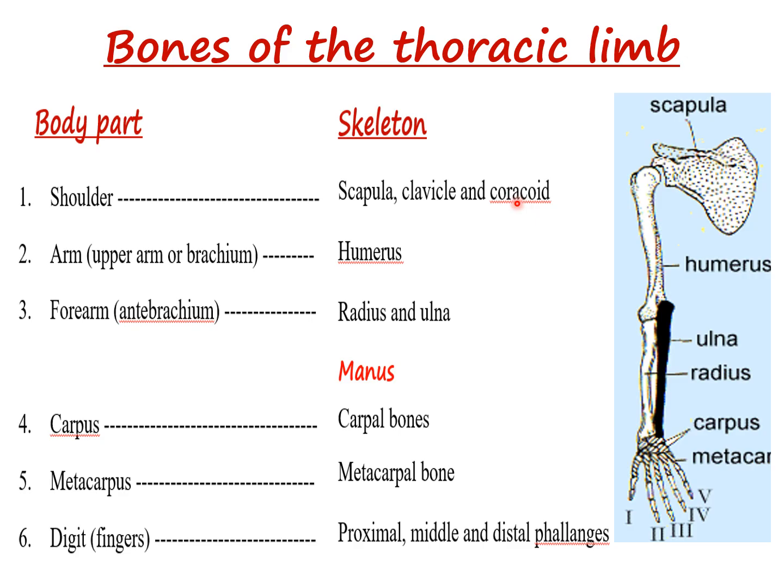The bone that forms the upper arm, or brachium, is the humerus. So this is the humerus. This is the scapula. This is the clavicle and the coracoid. The humerus, which forms the upper arm, is here.